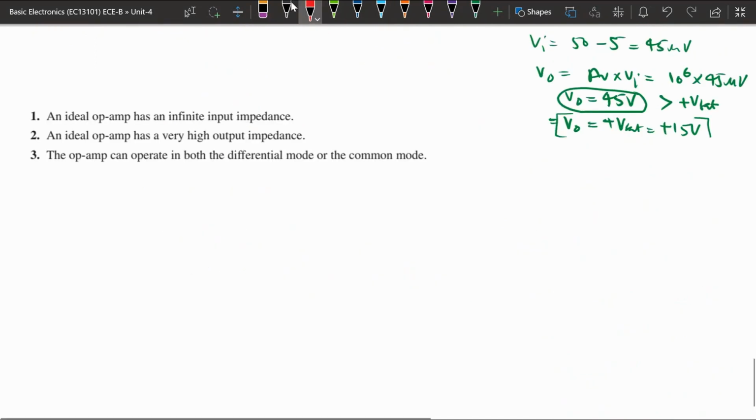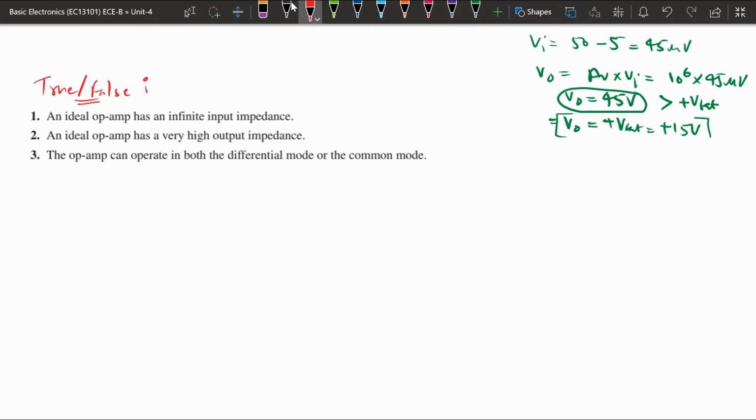There are some questions related to the topic that we have gone through. These are true and false questions. Just go with the first one: an ideal operational amplifier has an infinite input impedance.